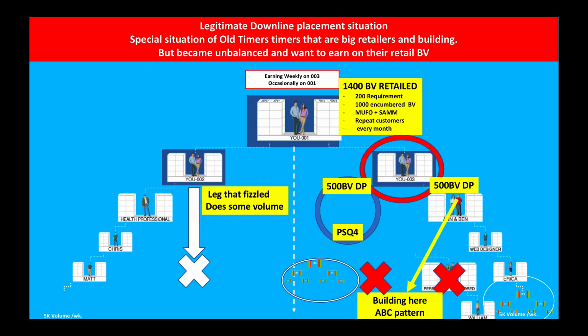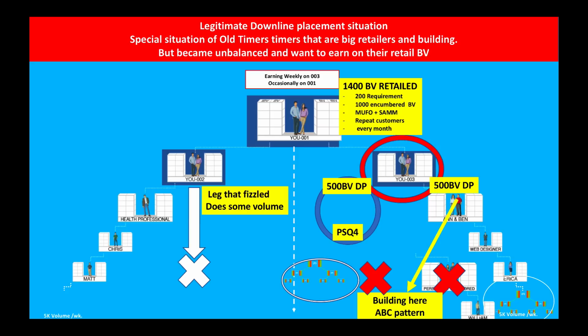And so they do 1,400 retail per month. And they have a 200 requirement for themselves. So they have over 1,000 extra. And they want to place that volume. Well, they have a personally sponsored down the right side, and they place it there.